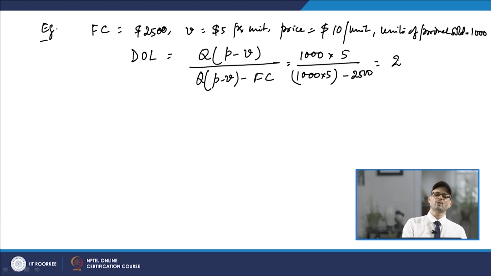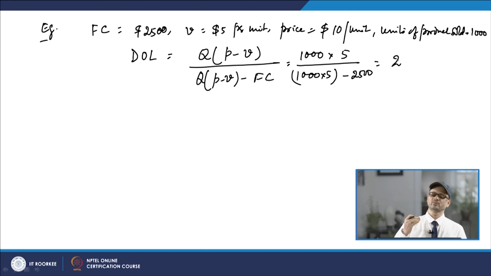So, your degree of operating leverage will be increasing with an increase of the fixed cost. This is one of the ways to increase the degree of leverage. By increasing the fixed cost, you get an increase in the degree of operating leverage.